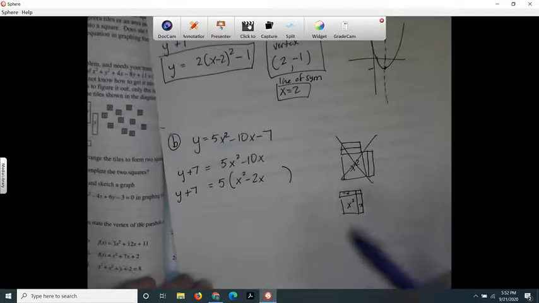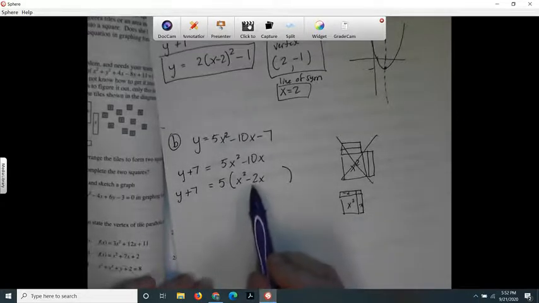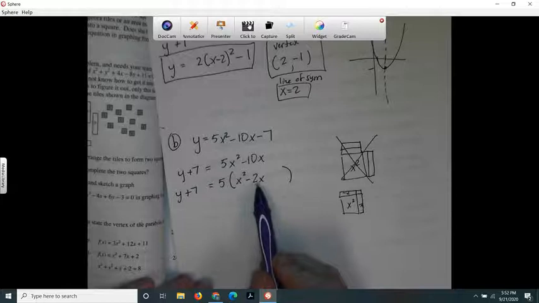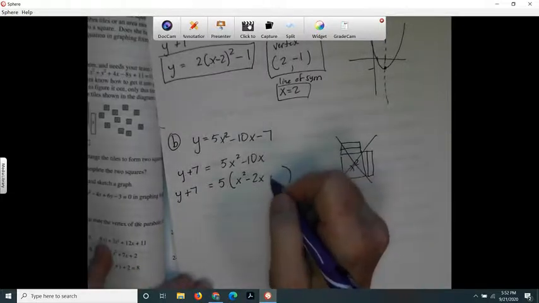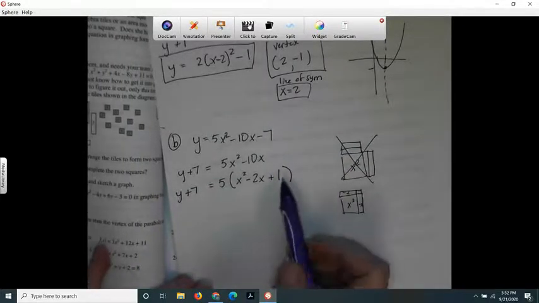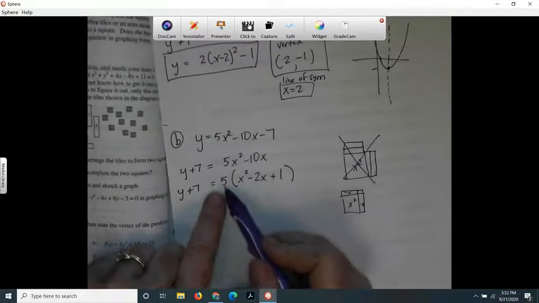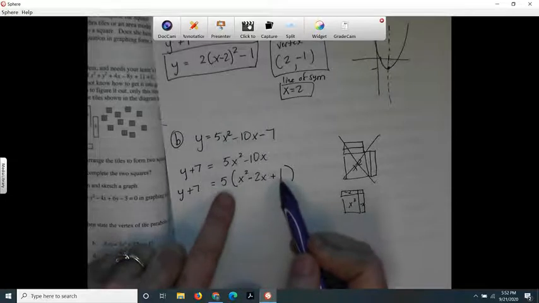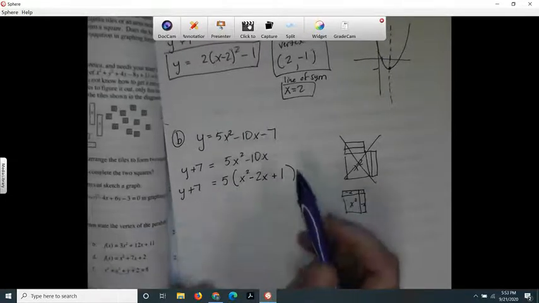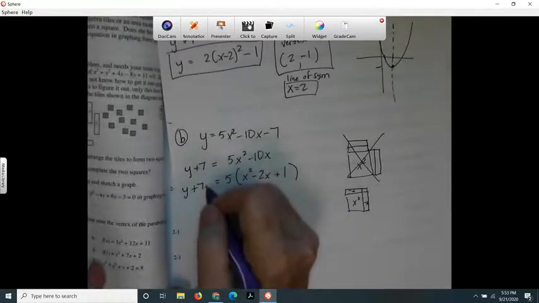If you don't want to draw the picture, you just take half of the x's, like half of negative 2 is negative 1, and then square it. So negative 1 squared, well, that is 1. So I added a 1 inside the parentheses, but if I pay attention to my 5 out here, what I really added to the right-hand side of the equal sign is a 5. So I'm going to add also a 5 to this side.